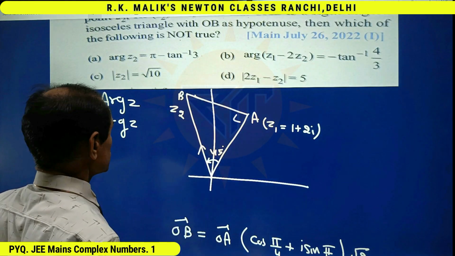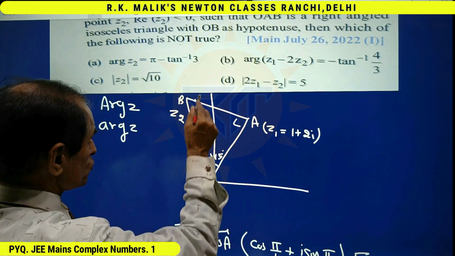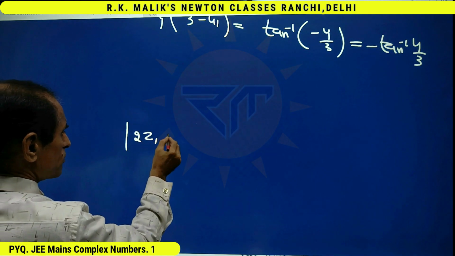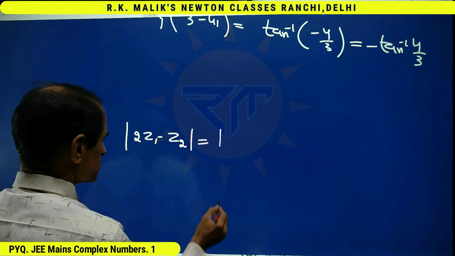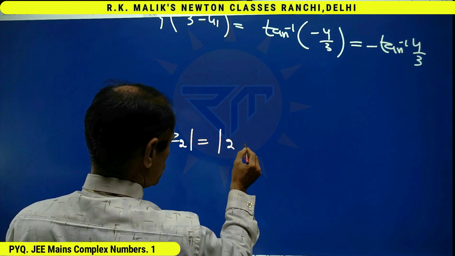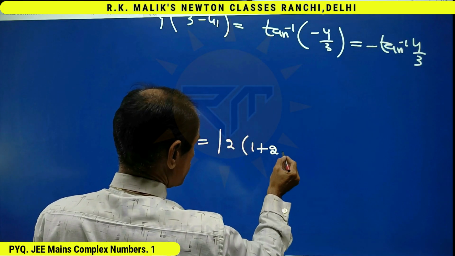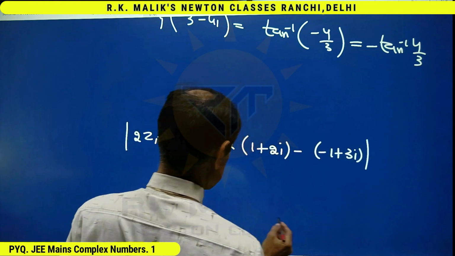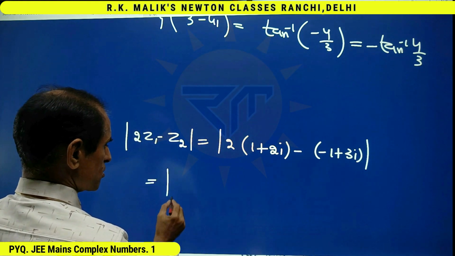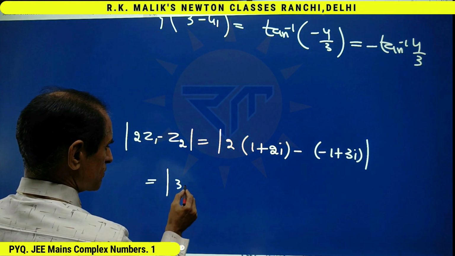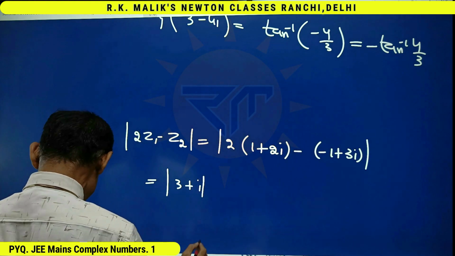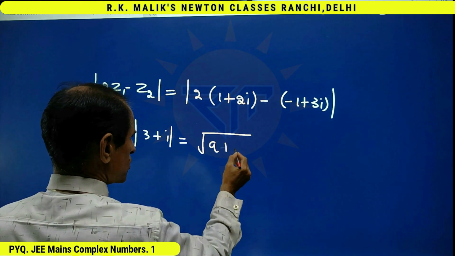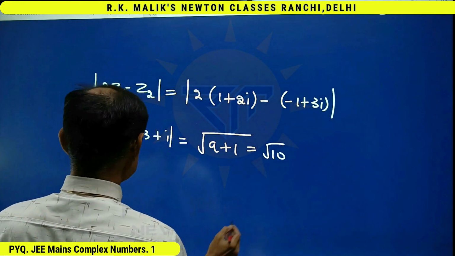Hence information of choice B is also correct. And to check choice C, 2z1 minus z2 means 2 into (1 plus 2i) minus (3 plus i), which is equal to under root 9 plus 1, equal to root 10.